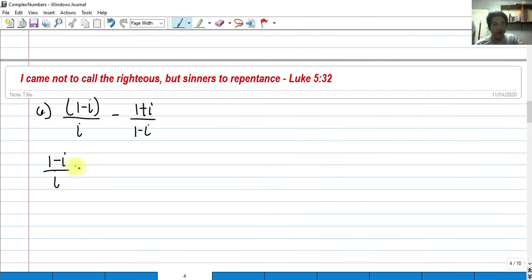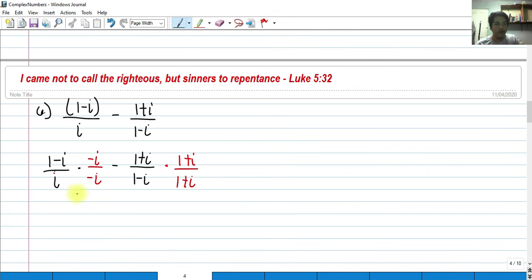The conjugate of i is simply what? A negative i over negative i, and that is minus 1 plus i over 1 minus i. Going to multiply this by its conjugate, that is 1 plus i over 1 plus i.